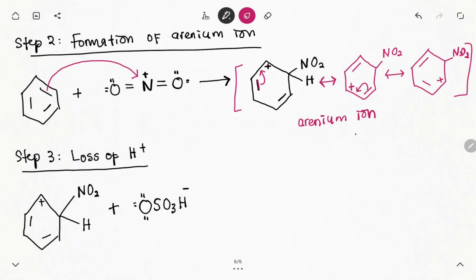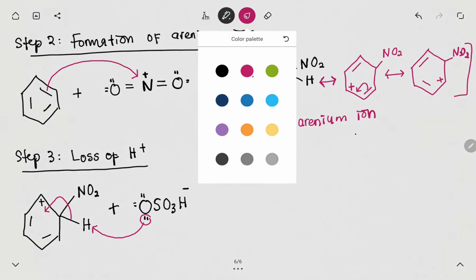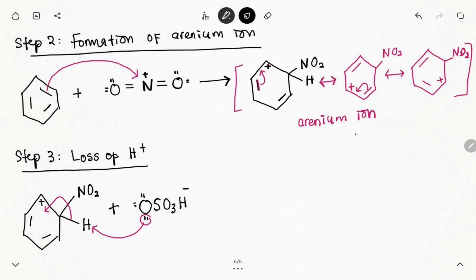The mechanism involved is that one of the lone pairs here attacks the hydrogen, meaning it forms a covalent bond with hydrogen, and at the same time this bonding pair stabilizes its own carbon and the neighboring carbon to form a multiple bond, which is a double bond.